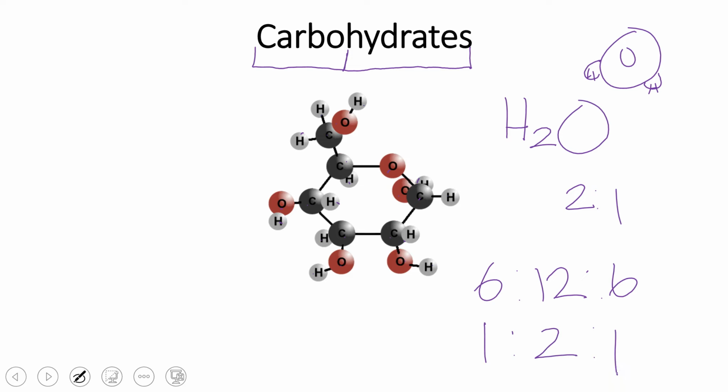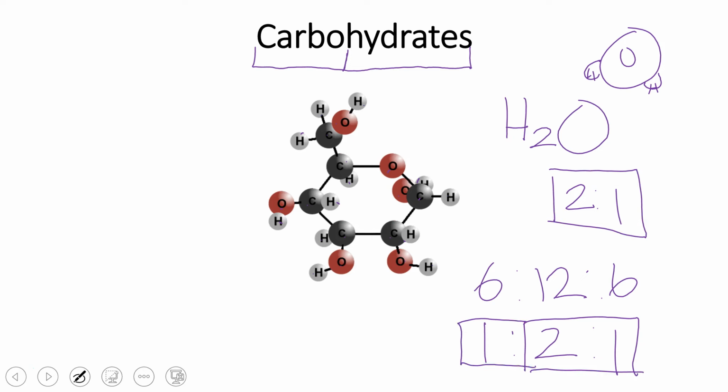Now the ratio of hydrogens to oxygen is the same as in water, but it does have carbon in it. So we call this molecule a carbohydrate. Carbo because it has carbon in it, and hydrate because the ratio of hydrogens to oxygen is the same as in water. It's a 2 to 1 ratio, okay?